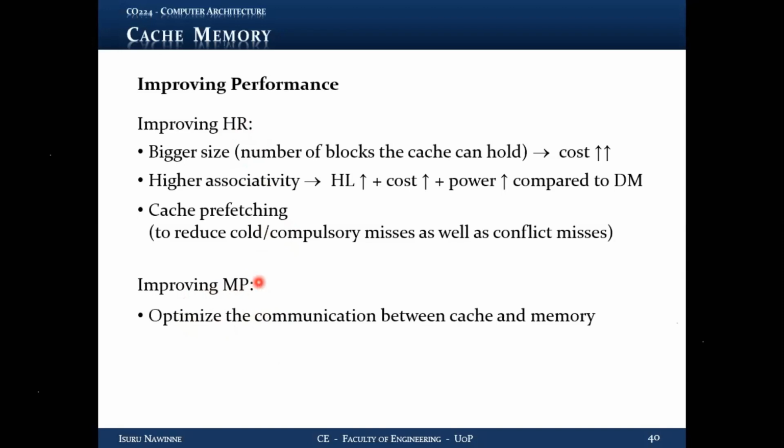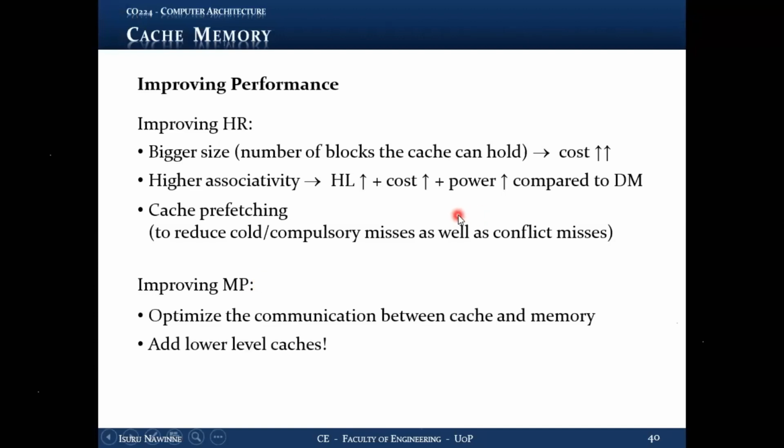If a miss happens, then you need to go and fetch the missing data, the block you need, from the memory. And that time is called the miss penalty. So how might you be able to improve it, reduce that time? Any thoughts?